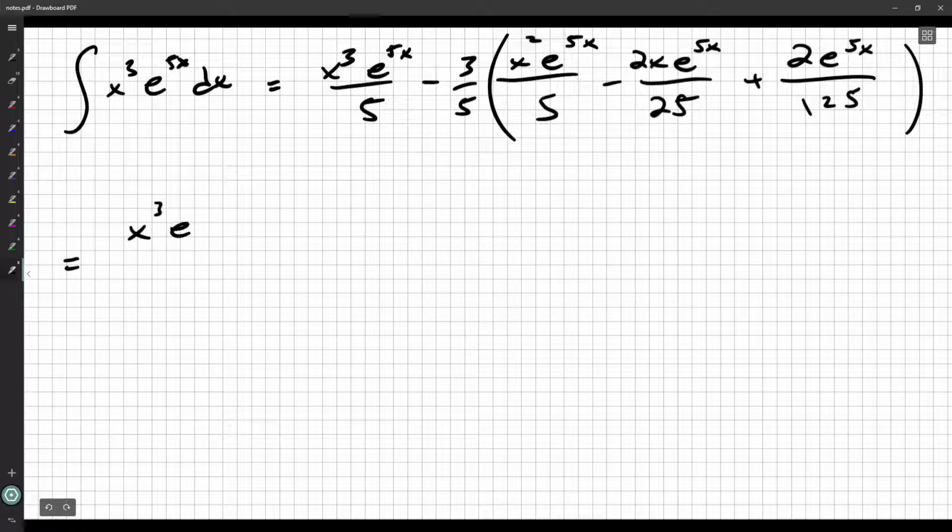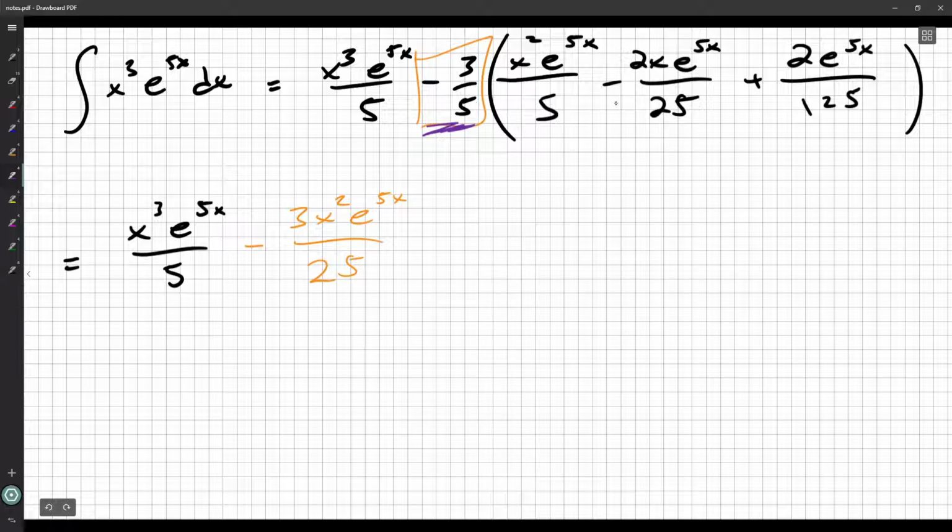So we get x cubed e to the 5x all over 5. Now let's be very careful and distribute the minus 3/5. So we get minus 3x squared e to the 5x over 5 times 5, so 25.